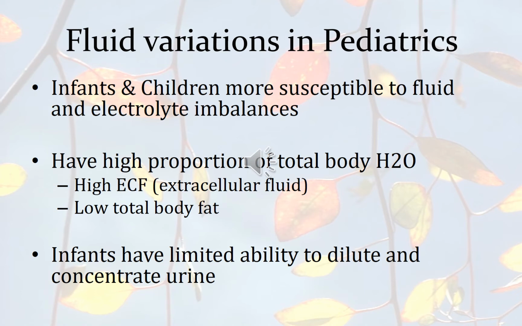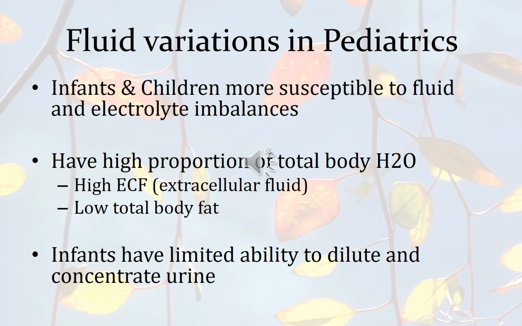They're more prone to fluid and electrolyte imbalances and dehydration because of their high metabolic rate. The normal turnover of water and electrolytes in our kids is 2 to 3 times faster than in adults due to their high metabolic rate.